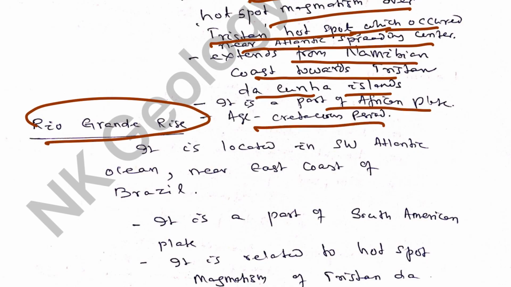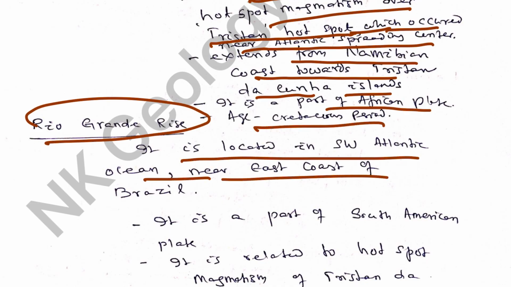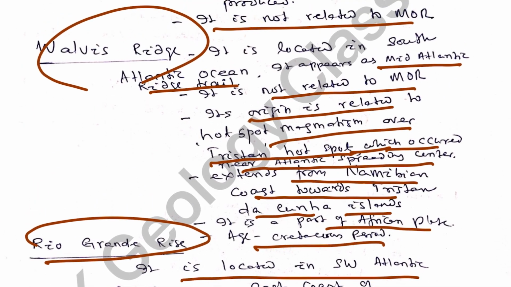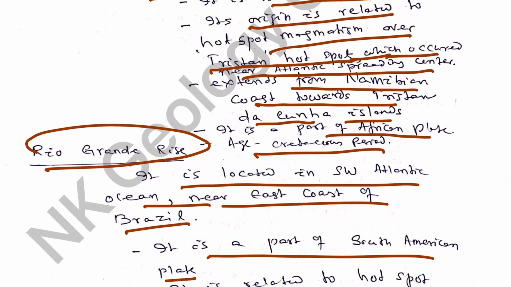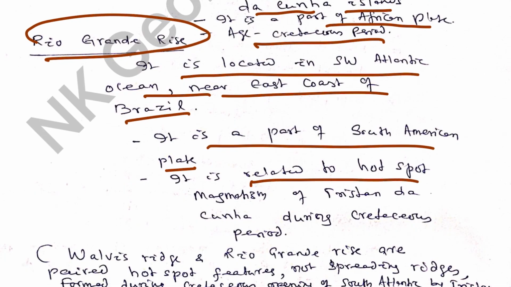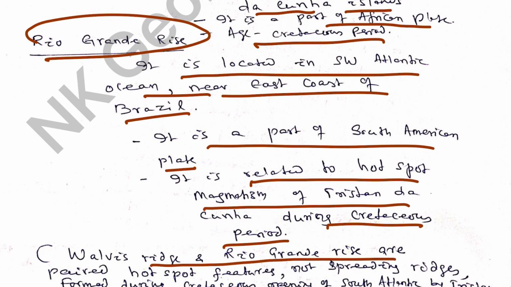Age is Cretaceous. It is located in the southwest Atlantic Ocean near the east coast of Brazil. It is a part of the South American plate, while Walvis is a part of the African plate. And it is related to hotspot magmatism of Tristan da Cunha during the Cretaceous period. So Walvis Ridge and Rio Grande Ridge are paired hotspot features, not spreading ridges, and they formed during Cretaceous time in the South Atlantic by the Tristan da Cunha hotspot extrusion.